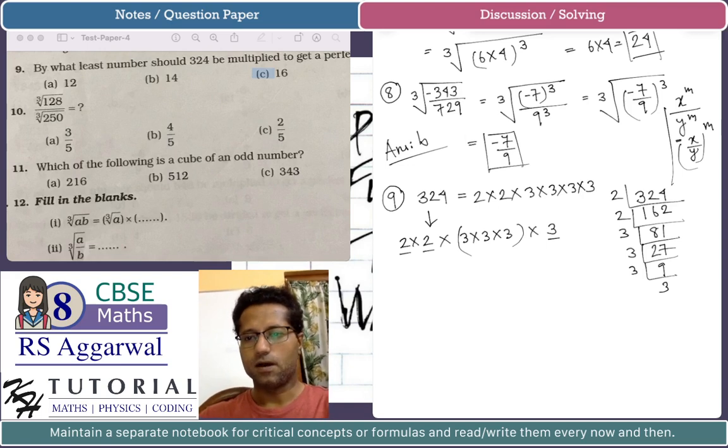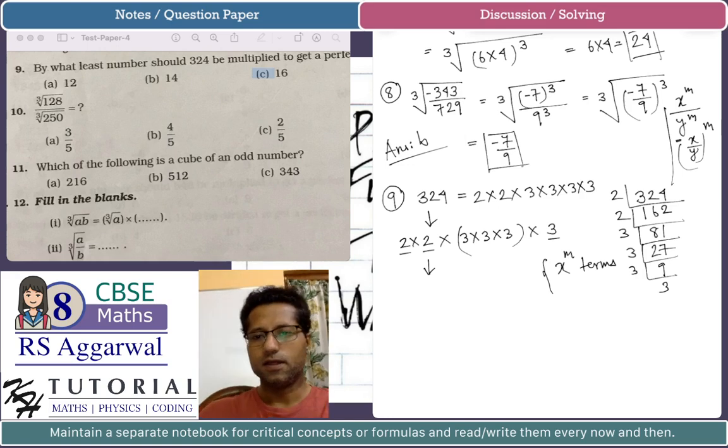So the next step is to form all the x to the power m terms, where the prime factor x is not part of any triplet, and if such a factor occurs more than once, those factors are merged as a power m. So in this case we will have 2 square, because the factor 2 occurred 2 times, and I have 3 to the power 1.